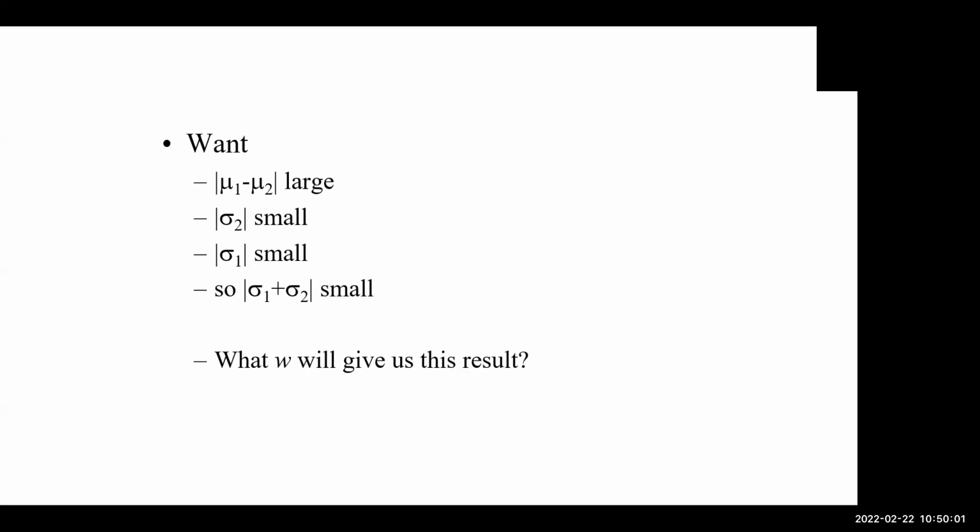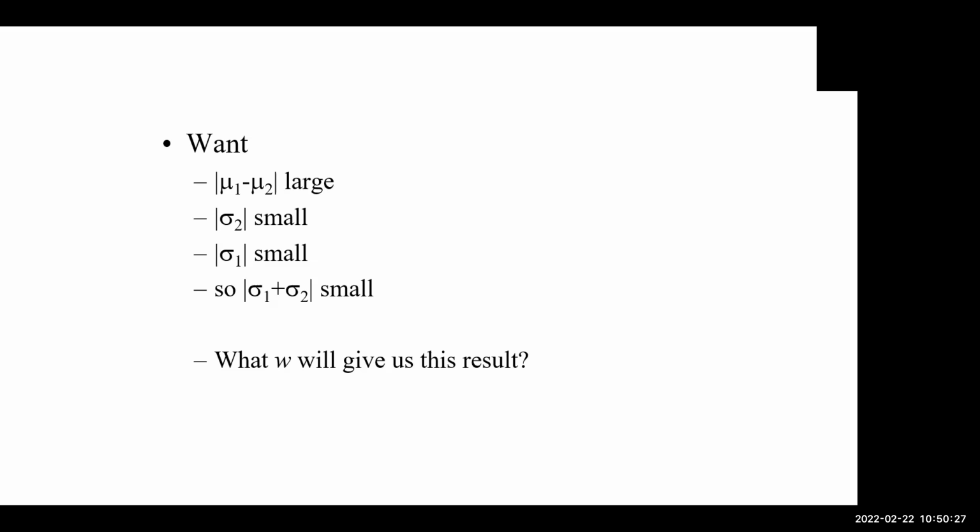So we want a large distance between the means. We want small standard deviations for each individual. And we can take those two individual small standard deviations and write that as the sum of the standard deviations being small. And we know sigma is going to be positive, so we don't have any negative problems.